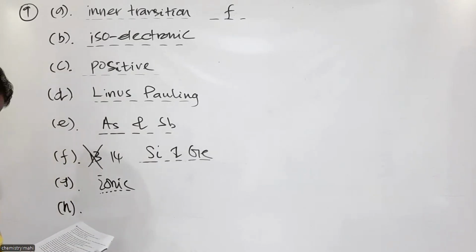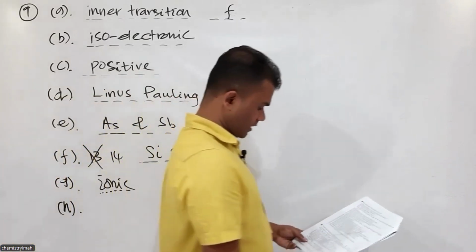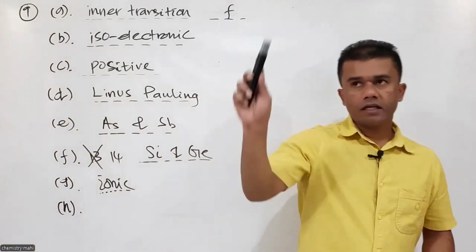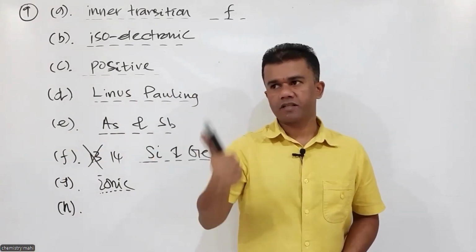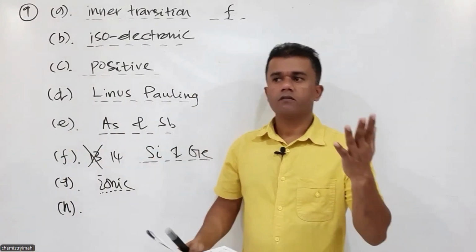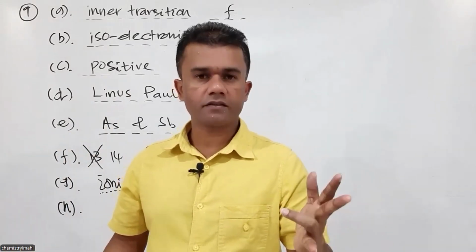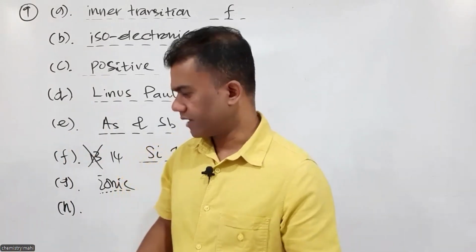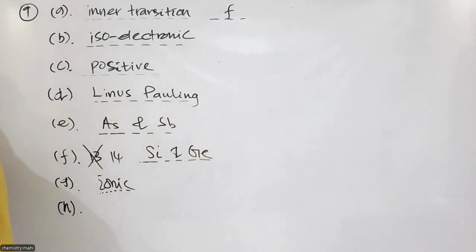H, elements known as noble gases: helium, neon, argon, krypton, xenon, radon. These are clearly gases. But the last one, we have organesson, the heaviest one.